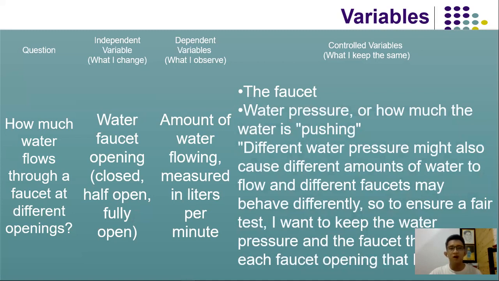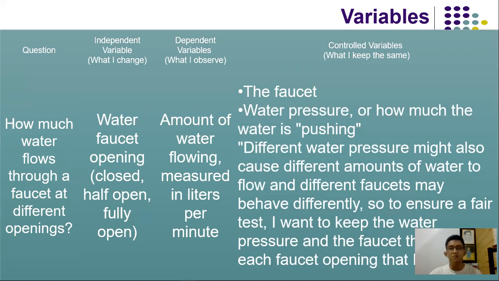Another controlled variable is the water pressure, or how much the water is pushing. So kailangan pare-parehas, kaya kailangan parehas din ng lugar kung saan ka mag-experiment. Kasi maaaring magkakaiba ang pressure sa banyo, lababo, garden, o sa itaas ng inyong bahay.